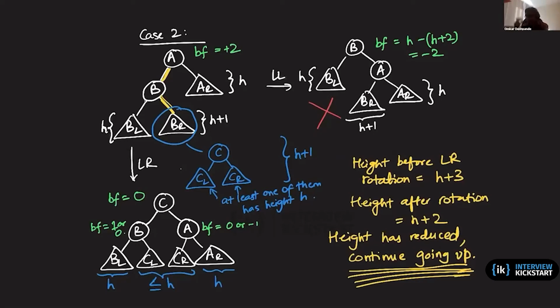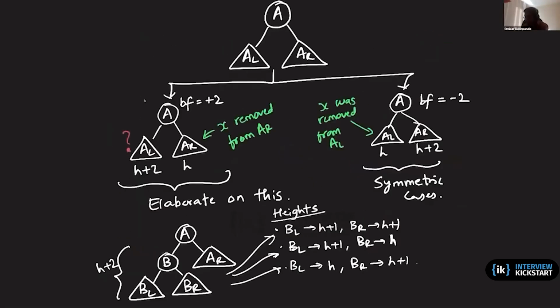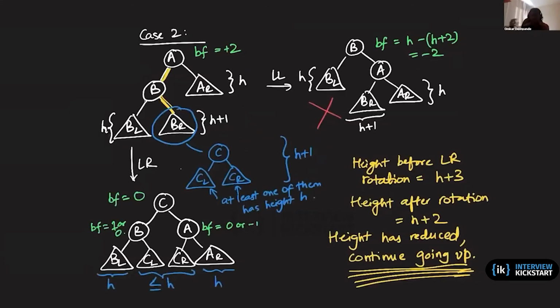And maybe there also we end up in a similar case like this, where maybe at the manager level things are out of hand, the balance factor has become -2 or +2 maybe, and again we are in this kind of case. So maybe the manager could fix things with a single or with a double rotation like this, but because the height of the subtree would be slightly smaller, there could be repercussions further up.